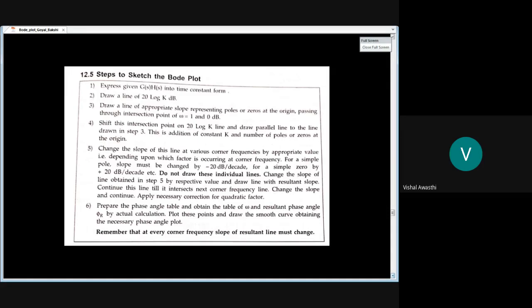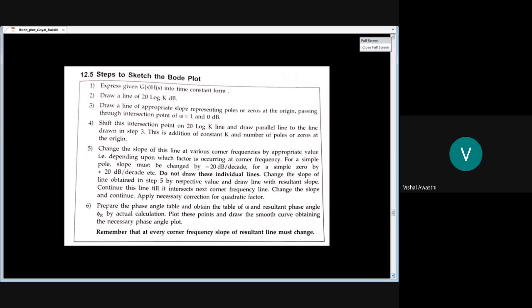And third one is, now you have to consider simple poles or simple zeros according to their corner frequencies. Whatever term has the lower corner frequency, you have to consider that term first, and after that you will proceed to the other terms.